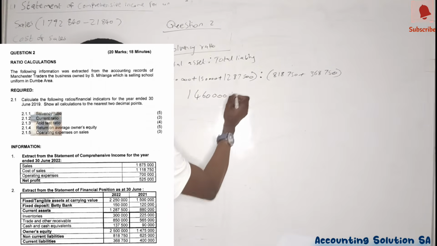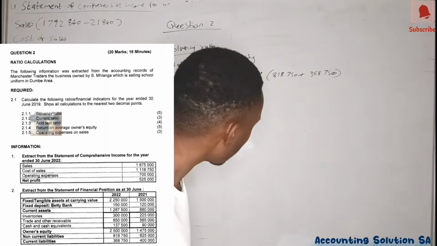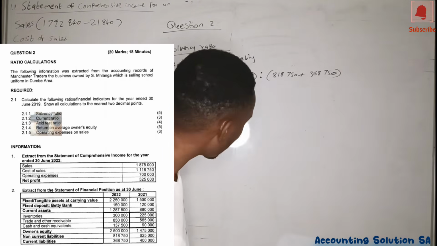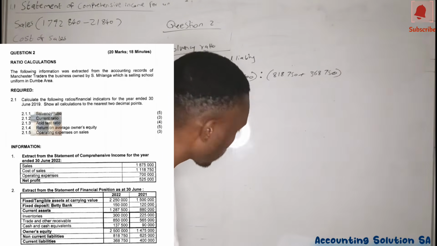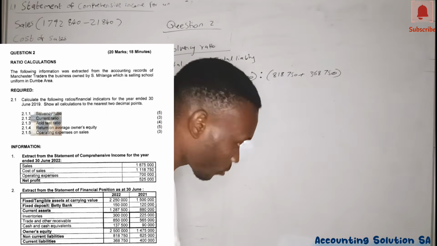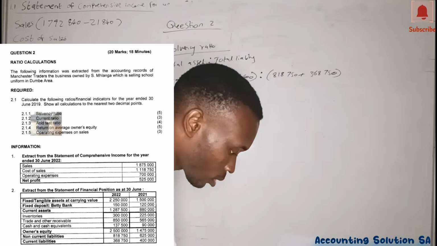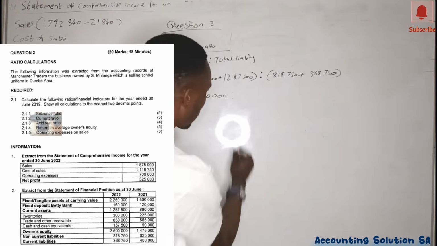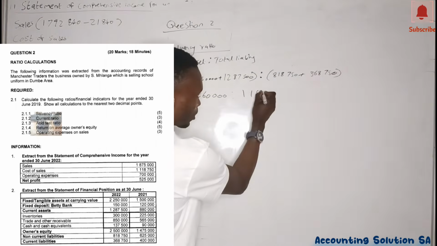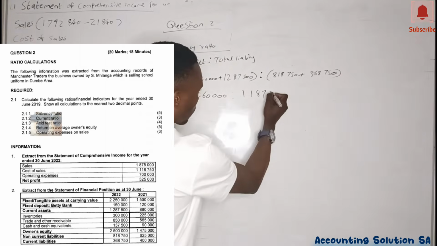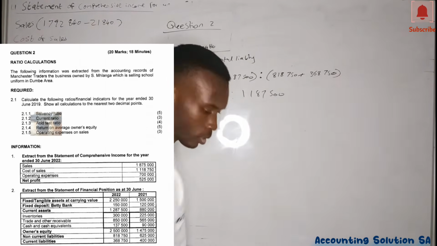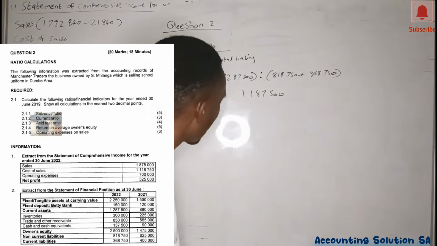Let's add the other side. 818,750 plus 368,750. It's going to give us 1,187,500.